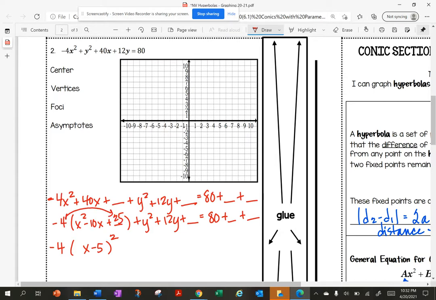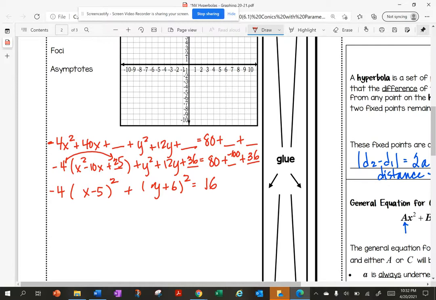So that would be minus 100 that I'm adding, plus y, half of 12 is 6. 6 squared is 36, so I'm going to add 36. And 80 minus 100 plus 36 equals 16, I'm sorry, equals 16.